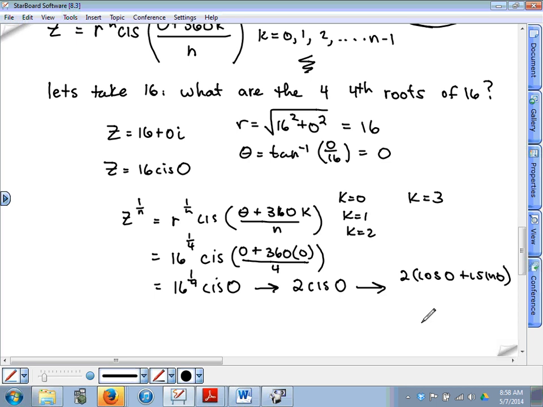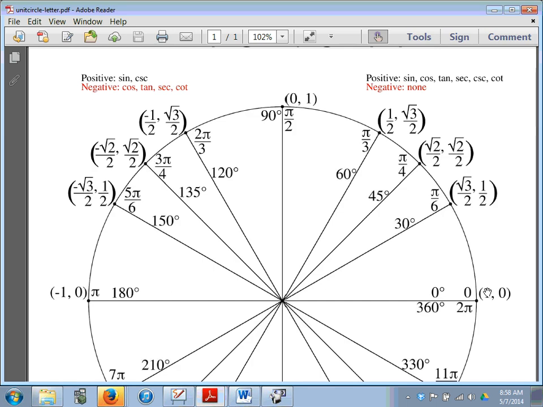What's the cosine of 0? 1. What's the sine of 0? 0, you guys. Come on now. This is unit circle stuff. At 0 degrees, cosine is equal to 1, sine is equal to 0. You should be able to do that in your sleep.